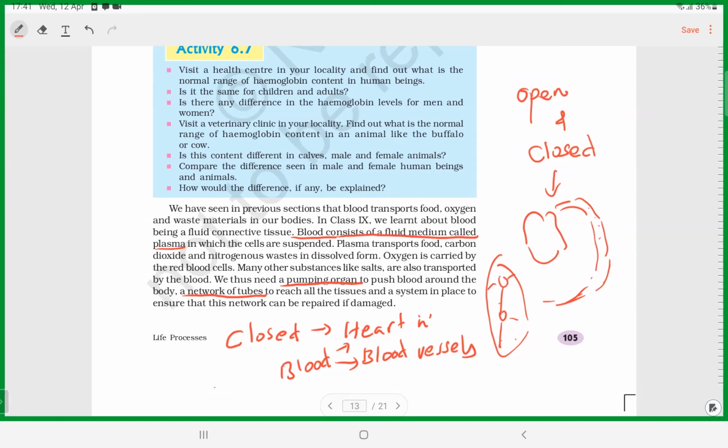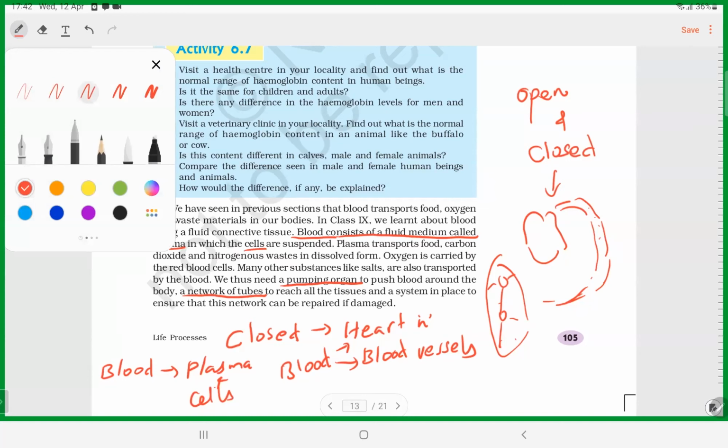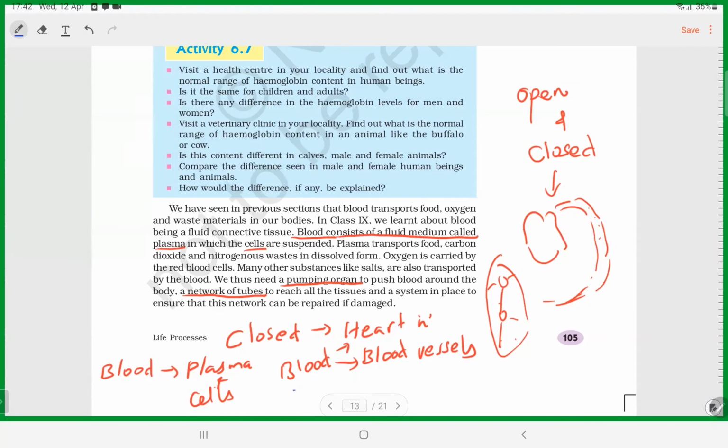So if you look into the composition of blood, first it consists of plasma and formed elements, meaning cells. Plasma and cells. What does the plasma again consist of?